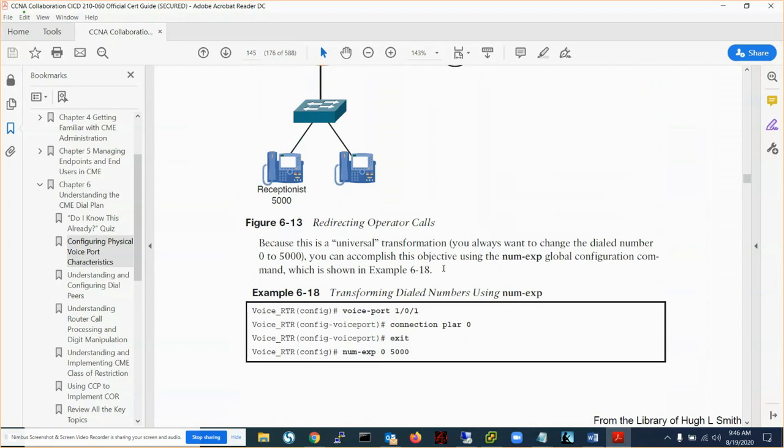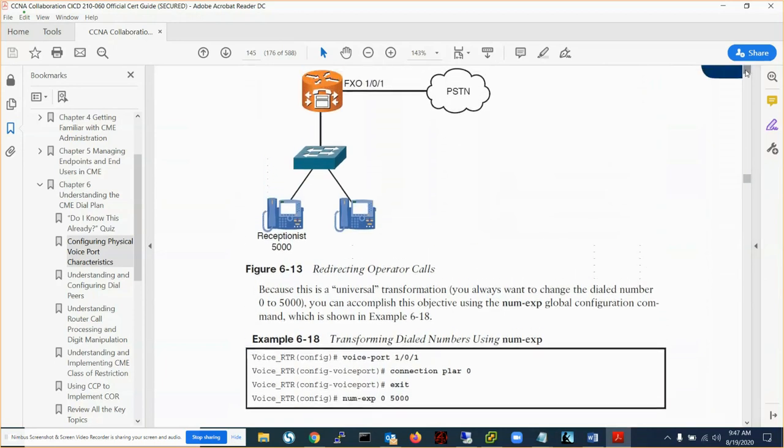You can accomplish the objective by using the num-exp global configuration command. I showed this example. So under the port, this port here is the port that connects. This is analog, not T1 or anything. This is our FXO that comes in from the PSTN to the CME router.